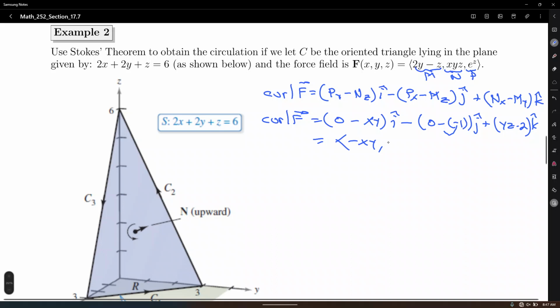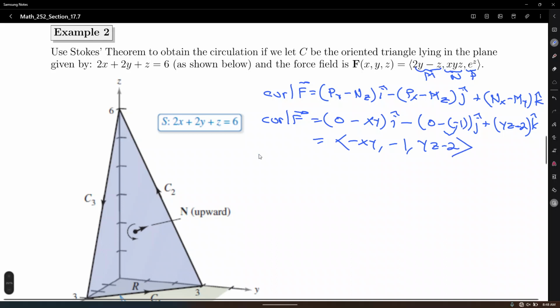So I'm going into all the details here because oftentimes, especially when it comes to the second component of the curl, we tend to make a lot of sign mistakes because of all this minus here and there going on at the same time. So, okay, what else? yz minus, this is a minus, not a times, so yz minus 2. All right. So that's the curl that we need in the integral.